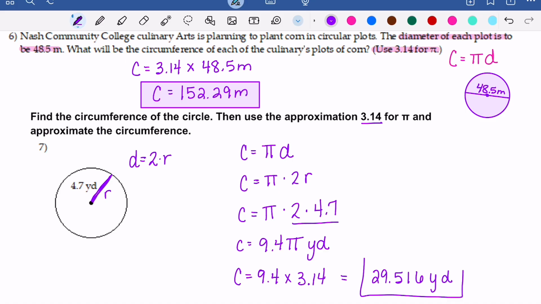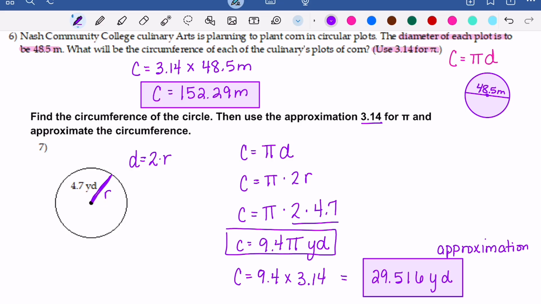So this would be the approximation. This would be an exact value.